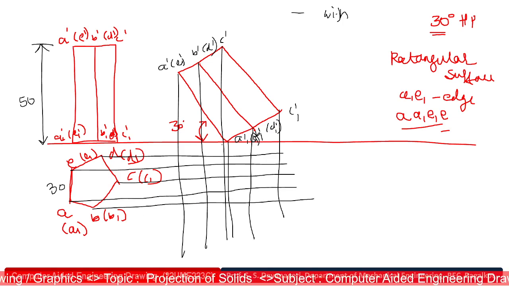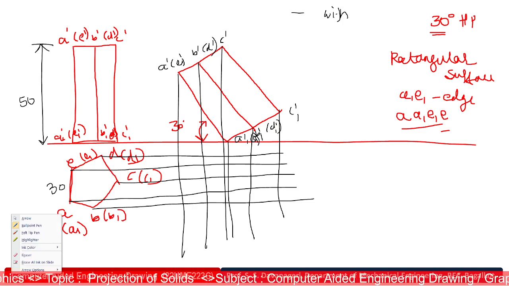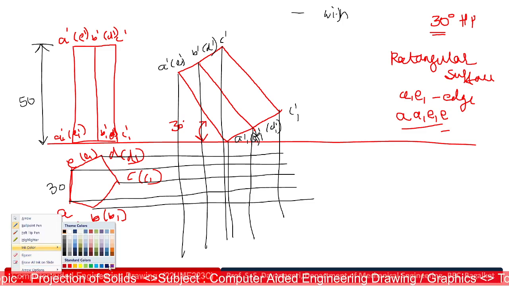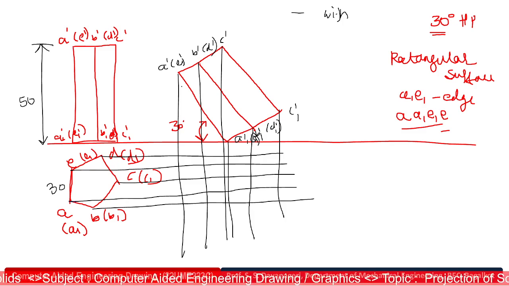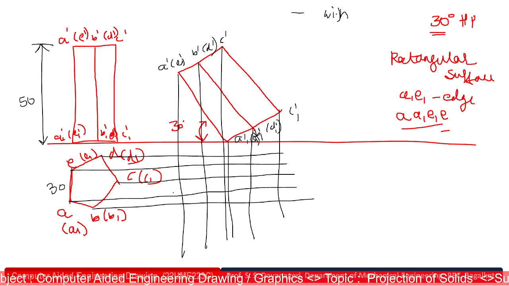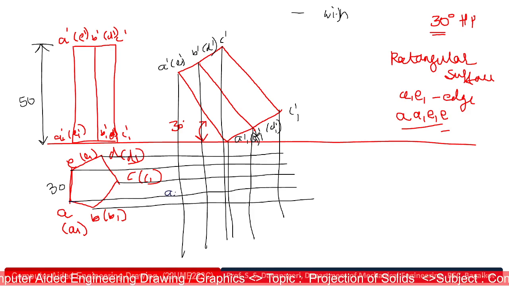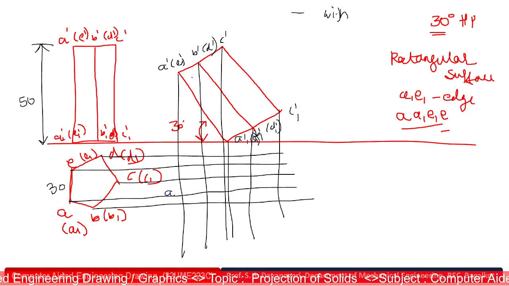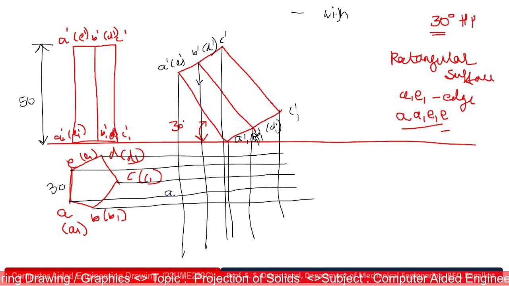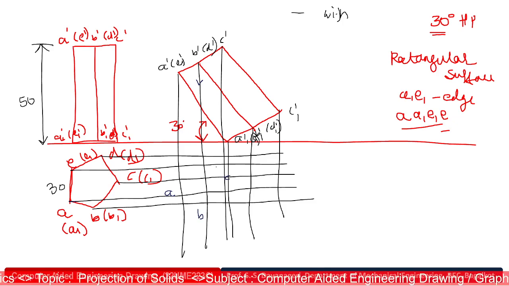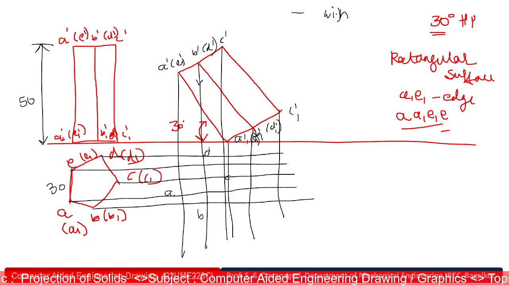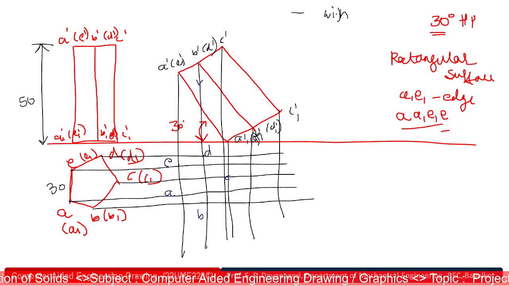Now let us identify the intersection points one over another. So this line refers to the point A, this point also refers to A, so you got a point A. Now this point refers to B, you got a B point here, a C point here, a D point here, and an E point here.